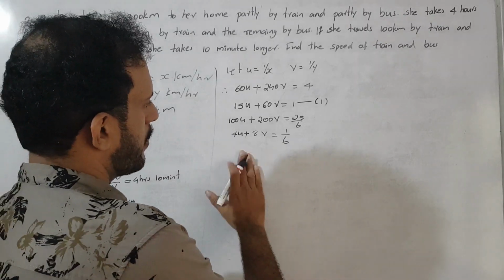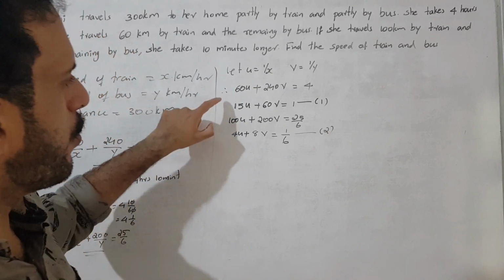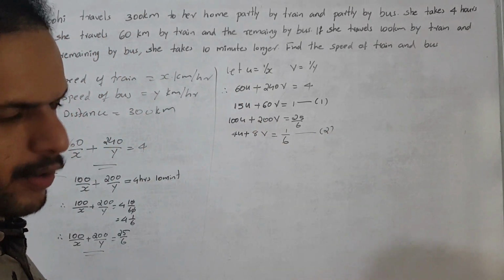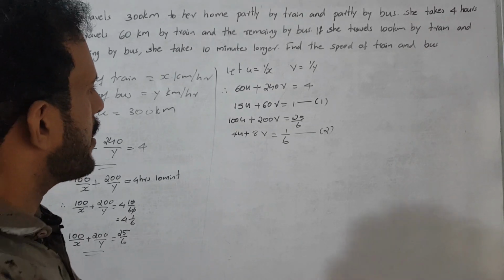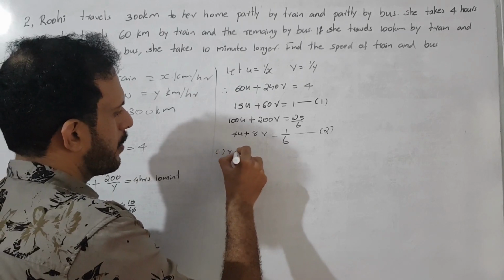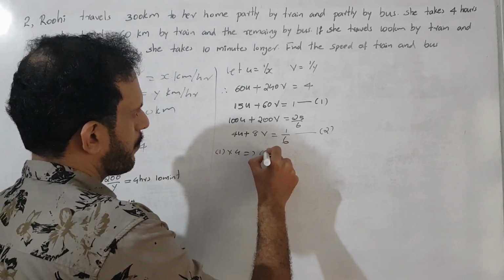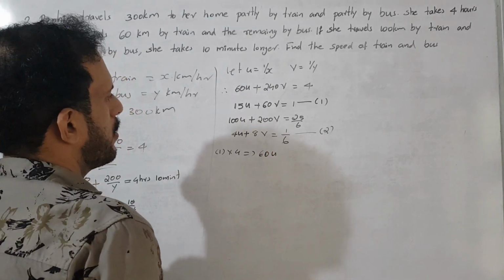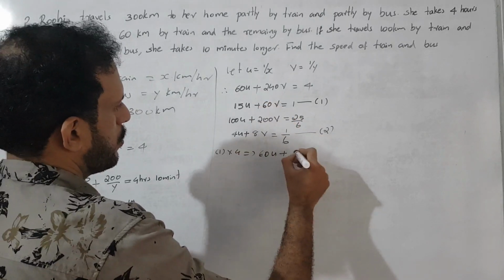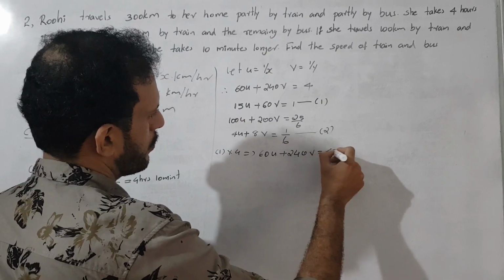Okay, then what is next? Here the coefficient of u is not equal, v is also not equal, so we need to equalize any one of these, correct? So I equalize the coefficient of u. Equation 1 into 4: 15 into 4 is 60, 60u plus 240v is equal to 4.